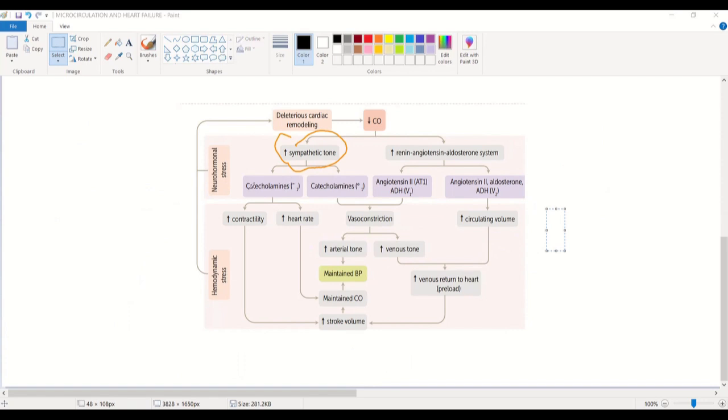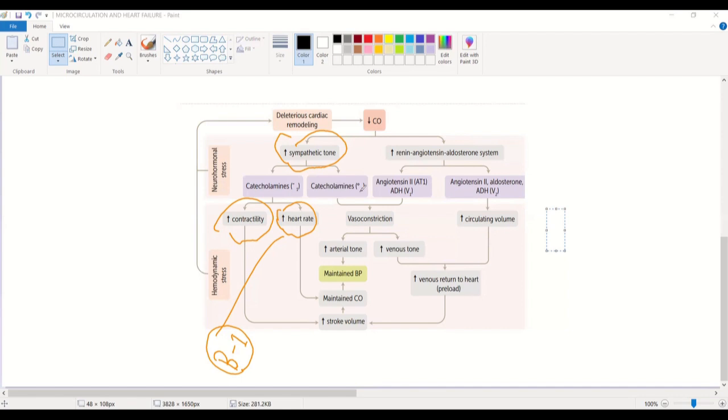These catecholamines act on the heart, the SA node. Which receptors? Beta 1 receptors, right? And they increase contractility. The catecholamines also increase vasoconstriction.